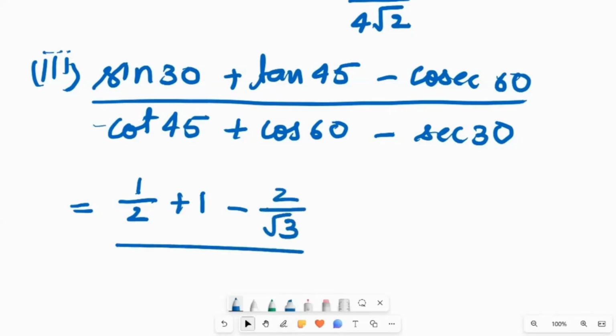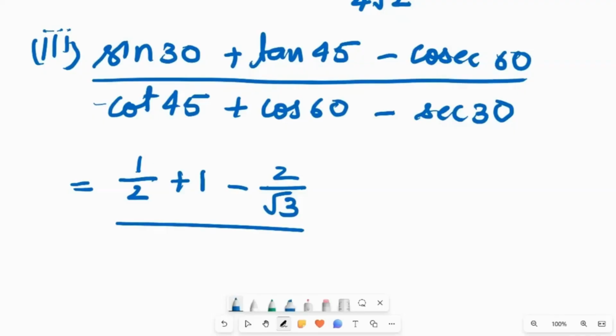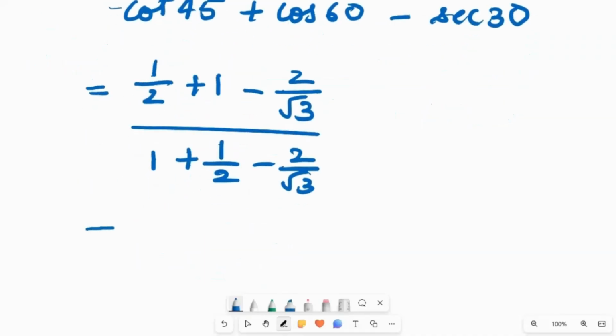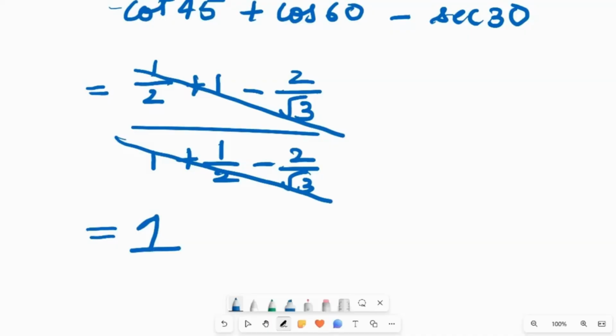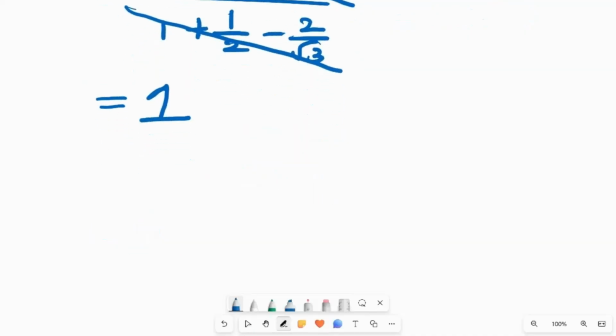Next, cot 45 is also 1. Next, cos 60 is 1 by 2 and secant 30 is 2 by root 3. Since the numerator and the denominator are the same, we can cancel them, and we get the answer as 1. So the answer for the third question is 1.